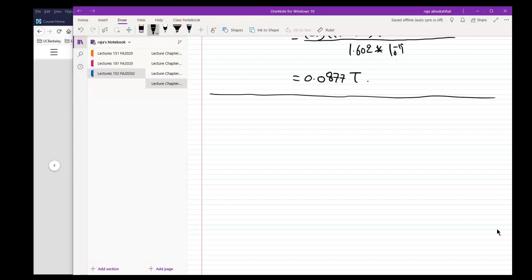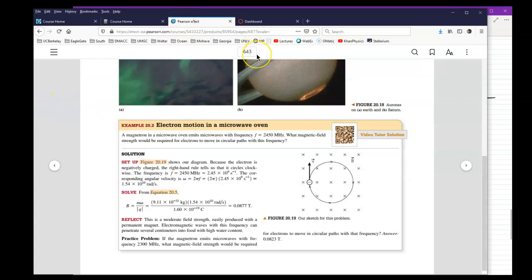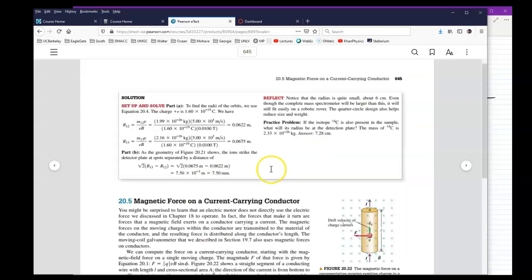And the topic is section 20.5. Let me show it to you. Page 645. Oops, 645. There it is right here.